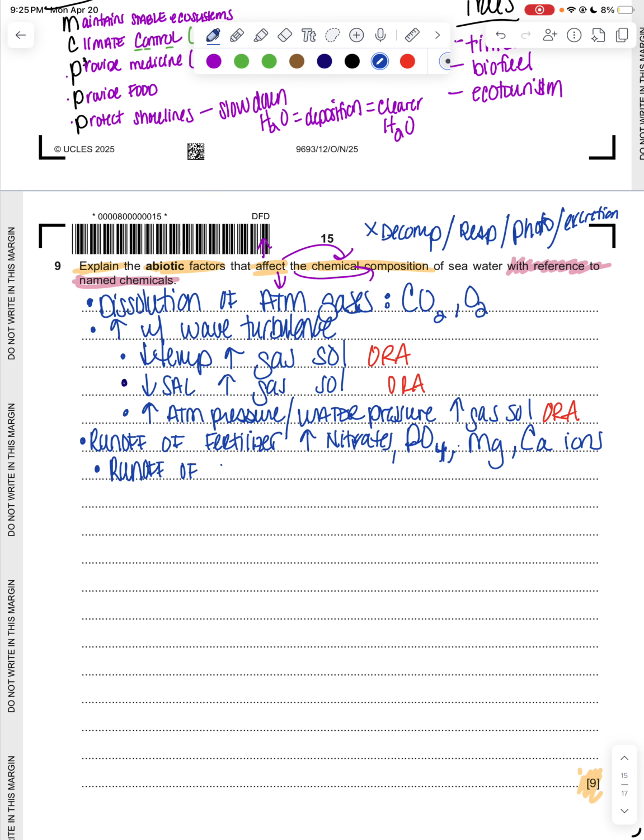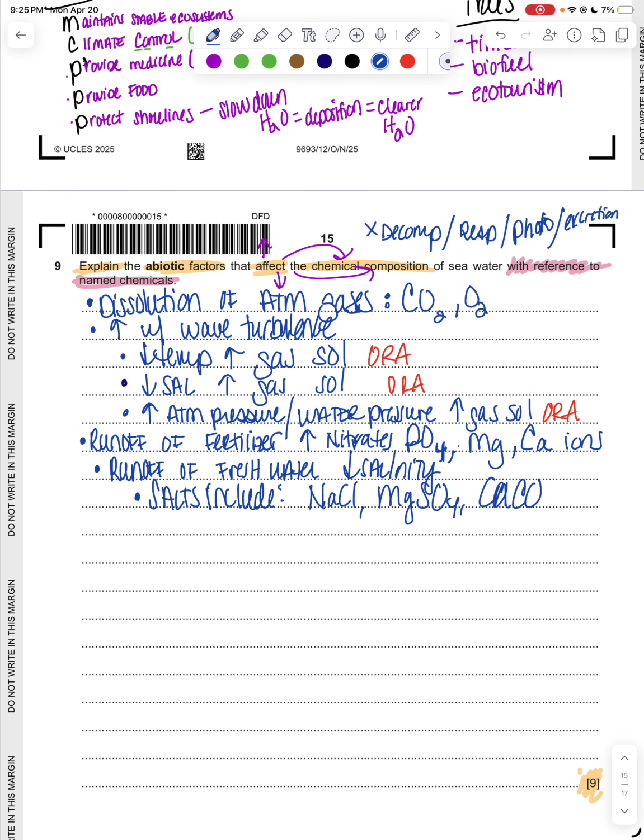Runoff of fresh water decreases salinity. We can give examples. The salts include NaCl, magnesium sulfate, CaCO3, calcium carbonate.